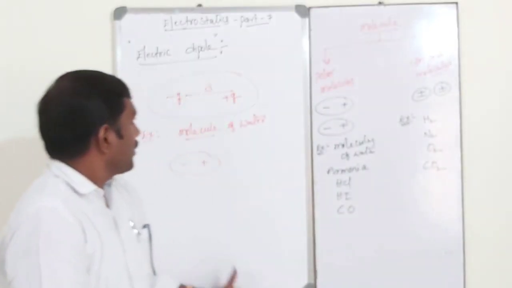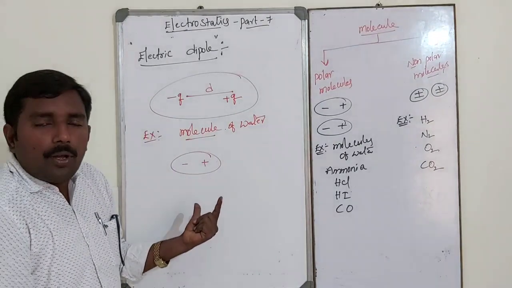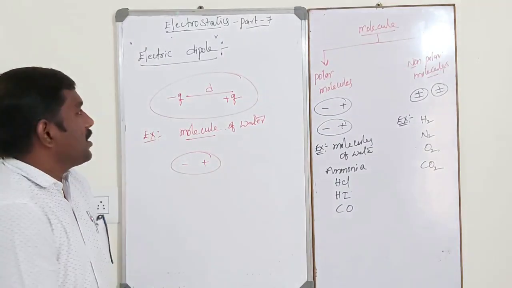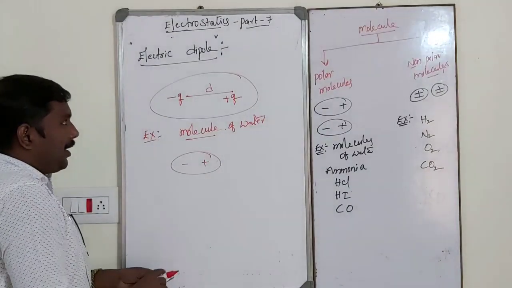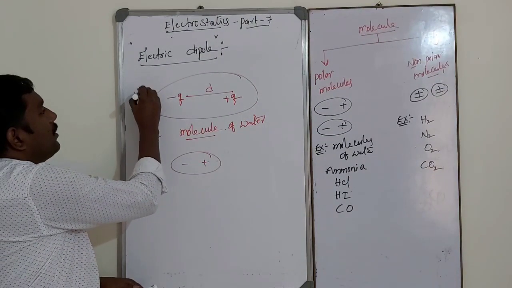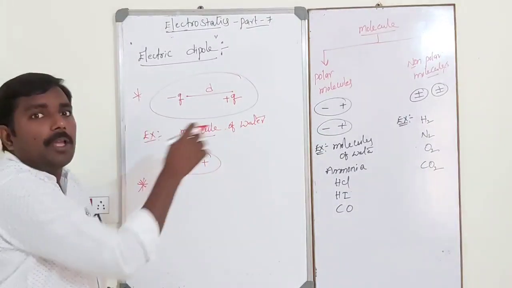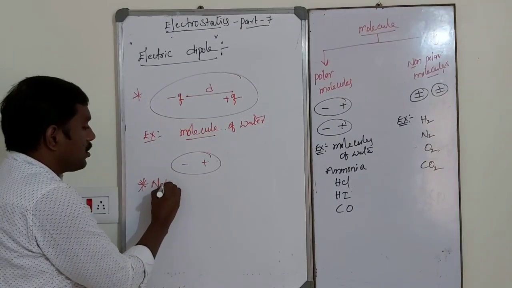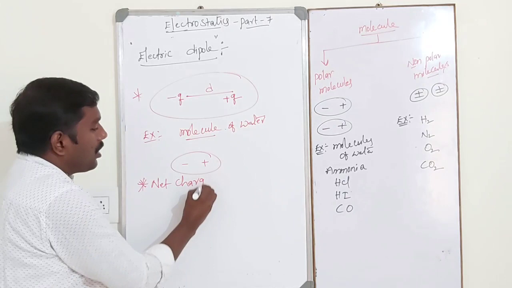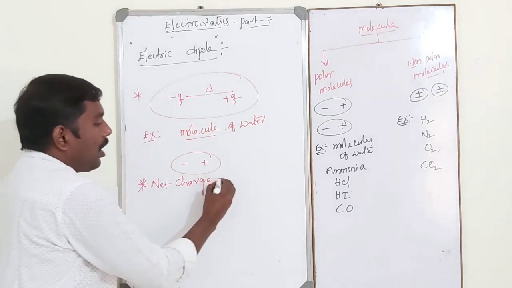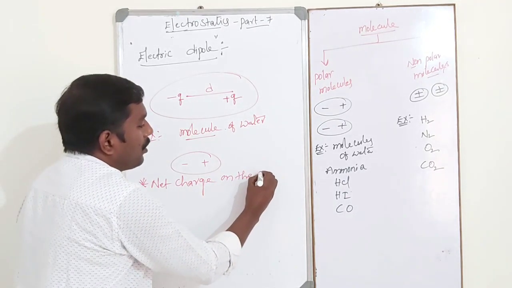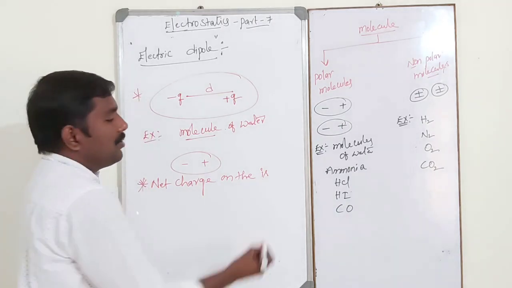Okay, students? What is meant by electric dipole? Two equal and opposite charges. This is the most important point. Another very important point: the net charge on the dipole, the total charge on the dipole, is what?